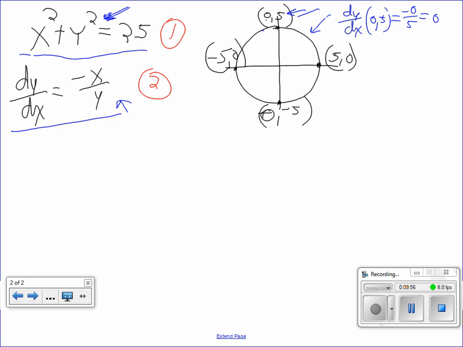It's always good when the math matches, right? You would expect a horizontal tangent line at that point.